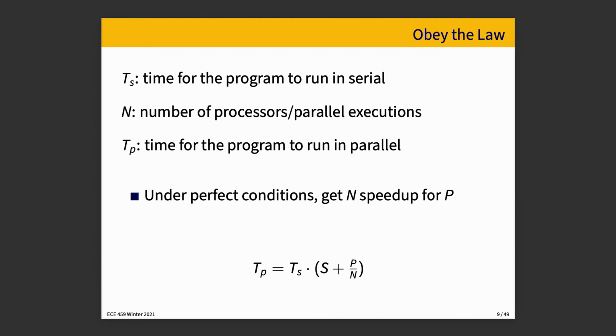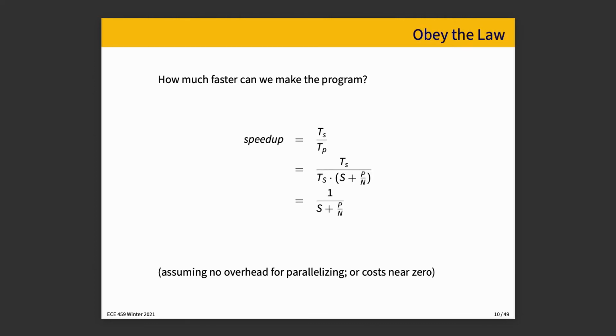That's a simple formulation, but not the form in which we usually apply Amdahl's Law, because we're usually interested in calculating how much the speedup is. And so speedup is T_S over T_P, which is crushed down in the end to 1 over (S plus P over N). This assumes, using the simple formulation, there's no overhead for parallelizing, or your costs are near 0.